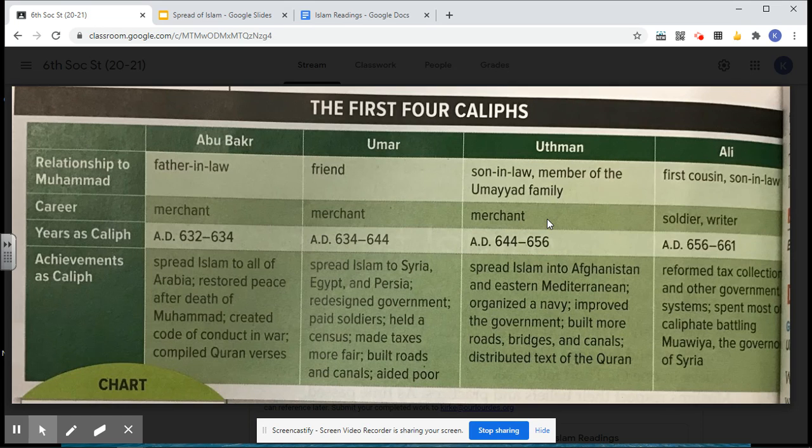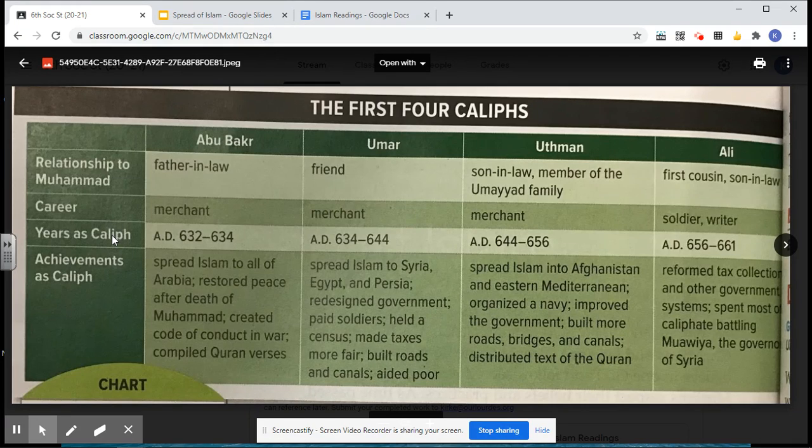The only standout in this category is Ali, because Ali is a soldier and also known, in some capacity, as a writer. So obviously this is going to play a part in how he differs from the rest. We've got three of the four related to Muhammad, and three of the four are merchants involved with the trade business.